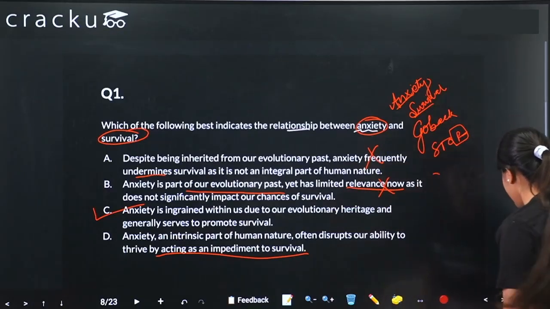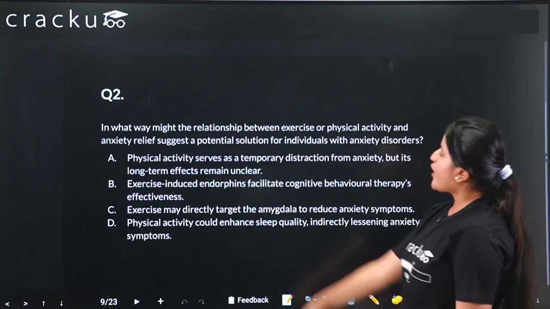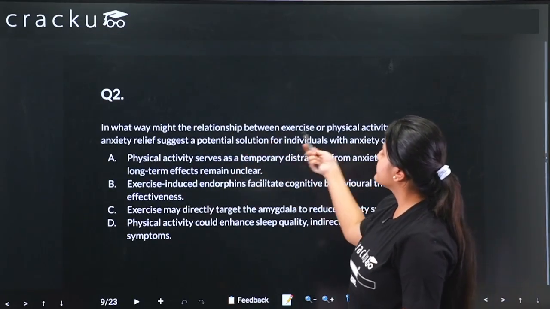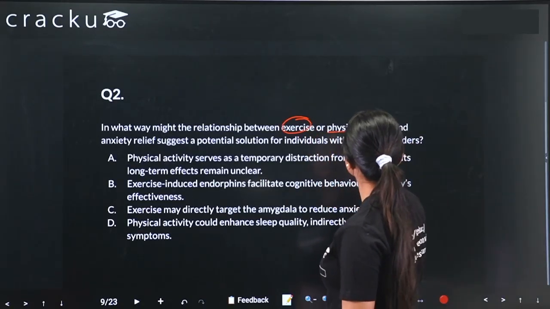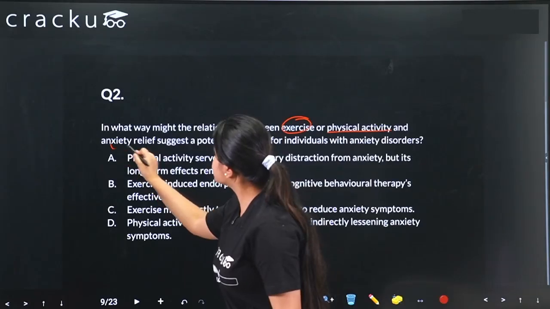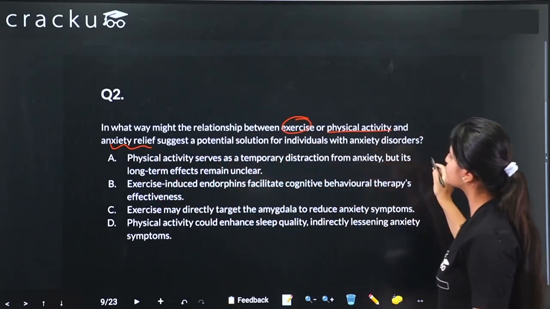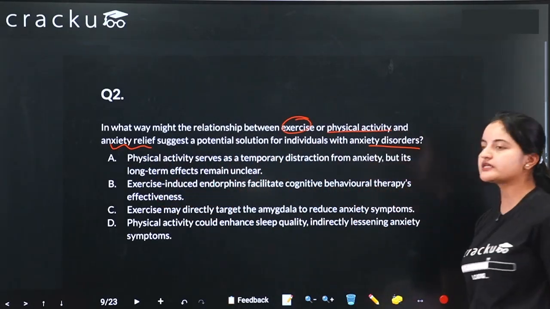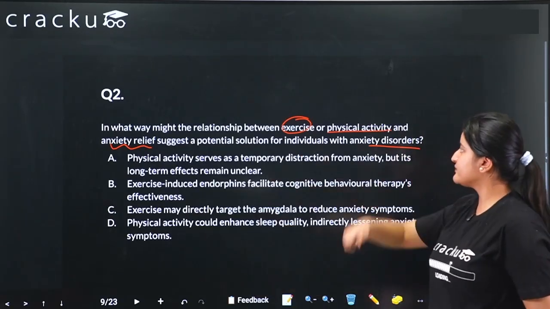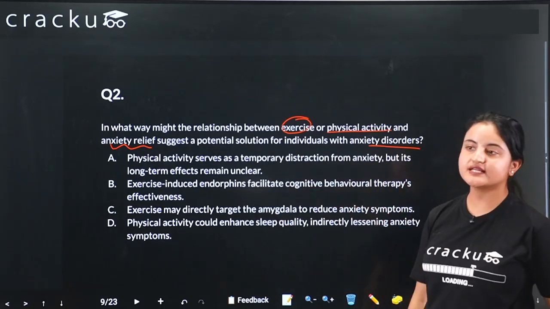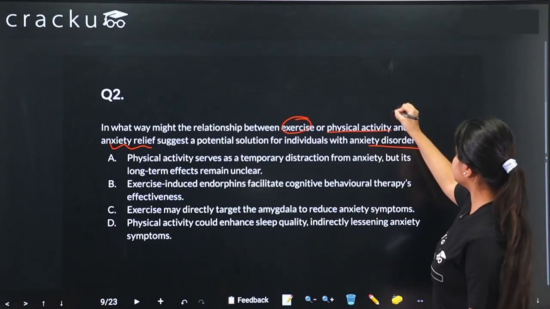Next question now. In what way might the relationship between exercise or physical activity and anxiety relief suggest a potential solution for individuals with anxiety disorders? So recently only we read the relationship between exercising and anxiety relief. It helps us in sleep.